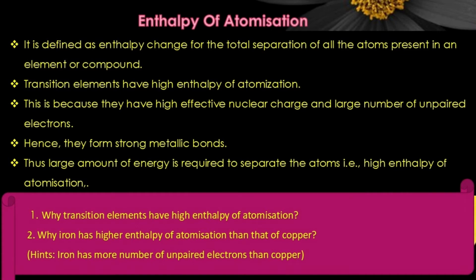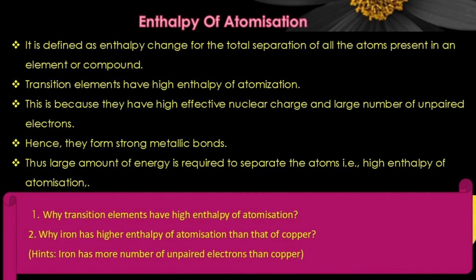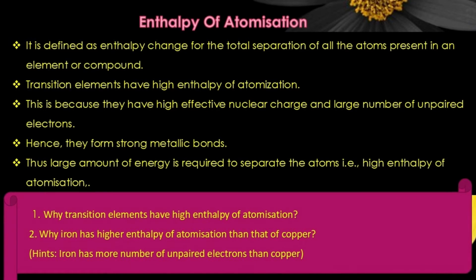Now try to answer why iron has a higher enthalpy of atomization than copper. Based on the electronic configuration, you will get a clue.